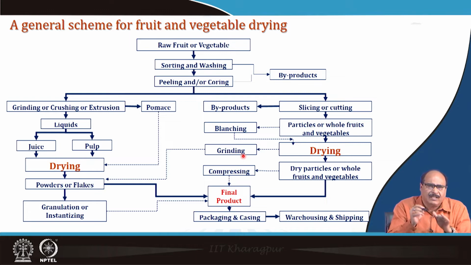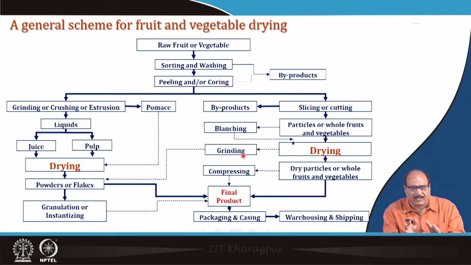Obviously, the raw fruit or vegetable is first subjected to the obvious pre-treatments like sorting, washing, peeling, coring, etc., that we have discussed in earlier classes.